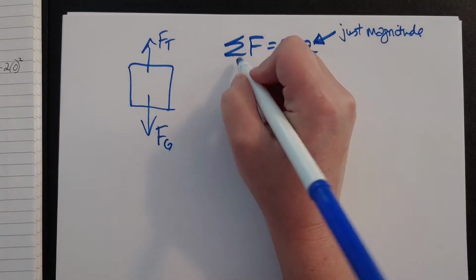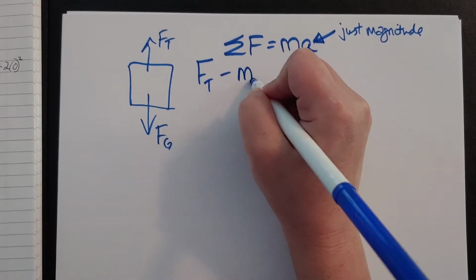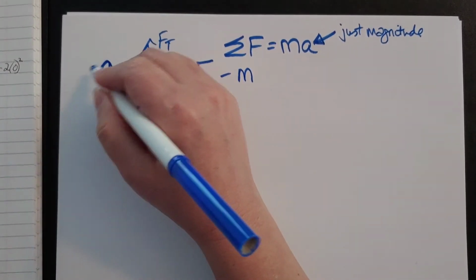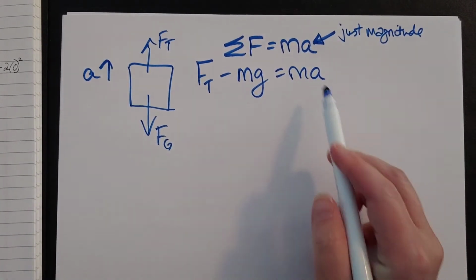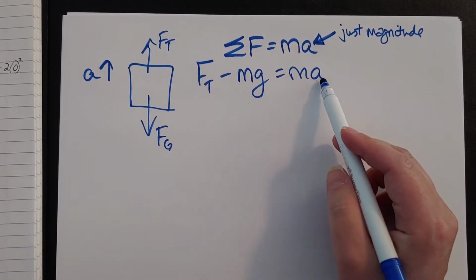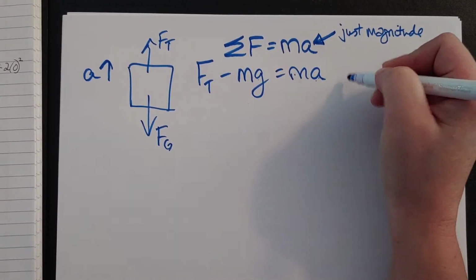Okay, and then you can, in this case, my a was up. So let me explain this. These numbers are magnitudes, okay, all the numbers in here. There's no hidden negative signs, okay?